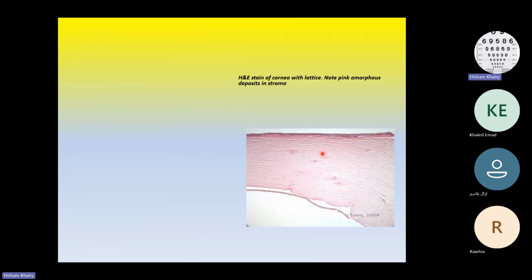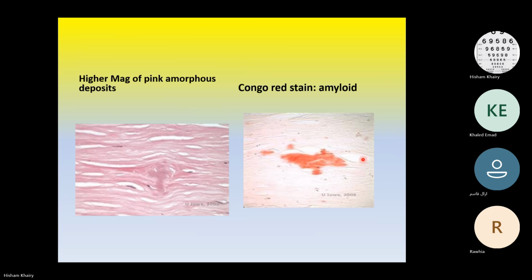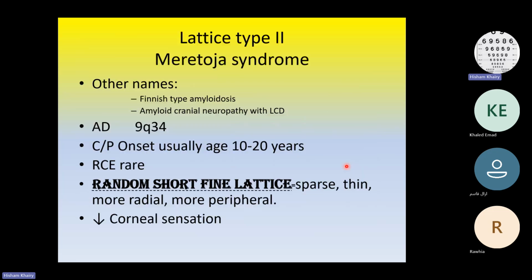On histopathology with hematoxylin and eosin, there are these pink amorphous deposits in the stroma. At higher magnification with Congo red stain, they stain as amyloid.